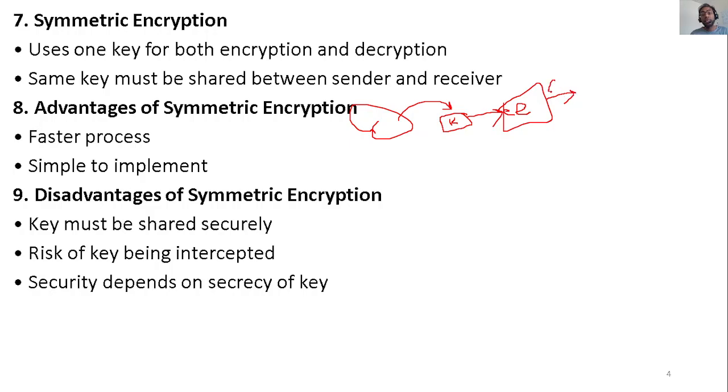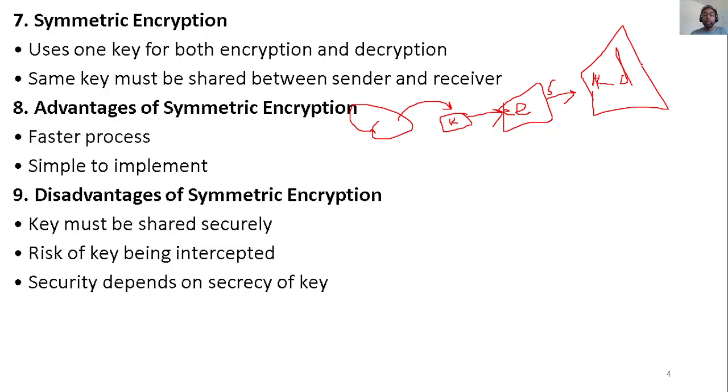Once the encrypted data is sent, the receiver decrypts it with the same key that encrypted the data. Then the decryption process occurs with the same key. The key is used to decrypt the encrypted data.